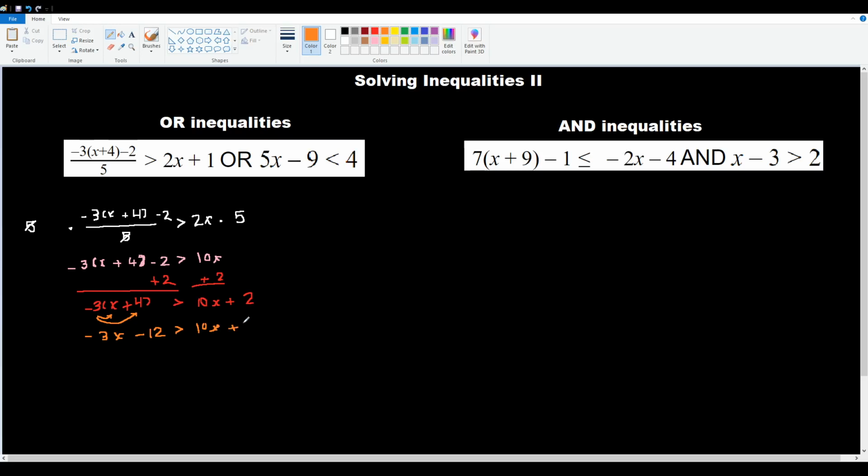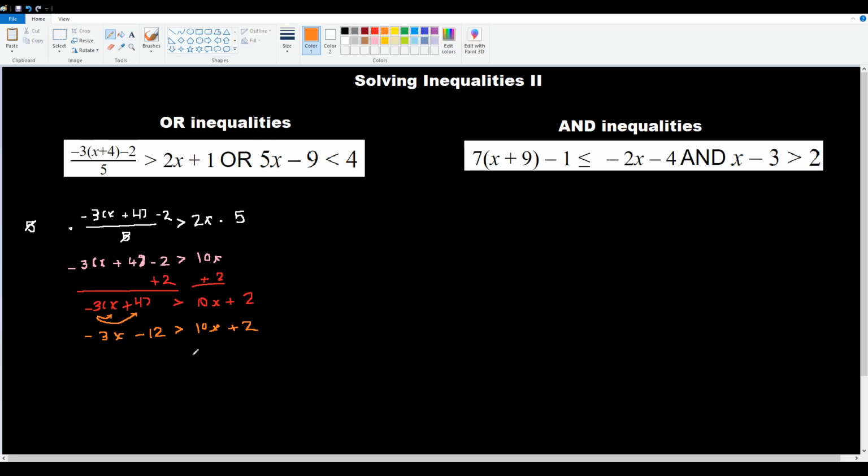plus 2. Now, as you get more comfortable with solving these equations, you can do two steps at the same time in your head. So what I personally like to do is subtract the 10x from both sides and then add the 12 on both sides at the same time. Sort of save me some writing, save me a step.